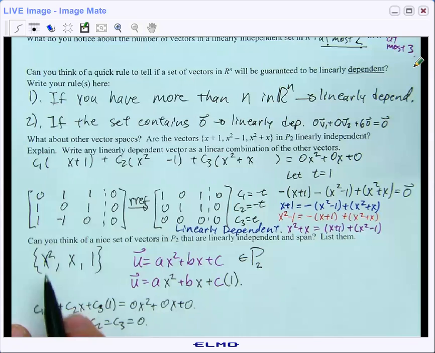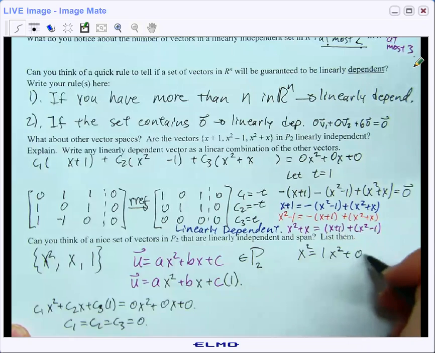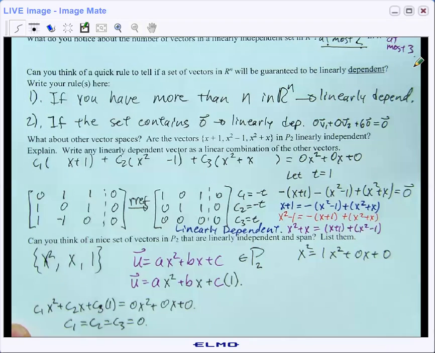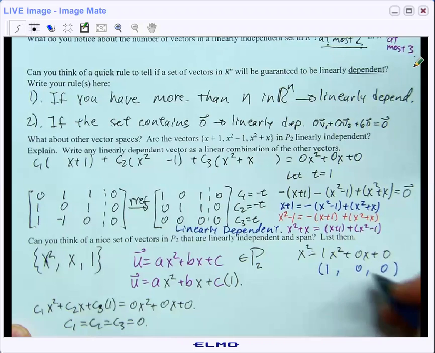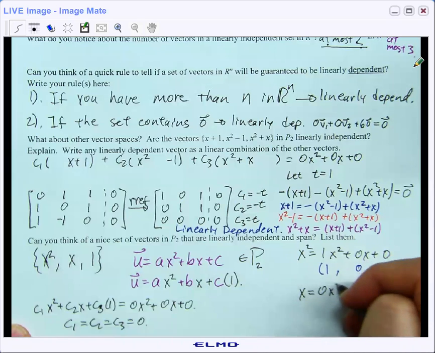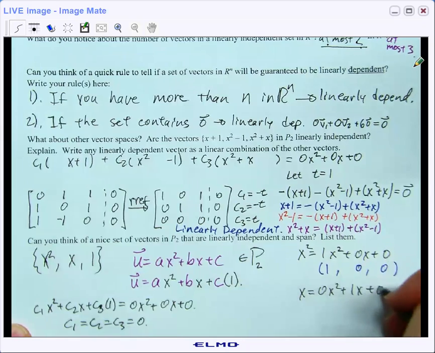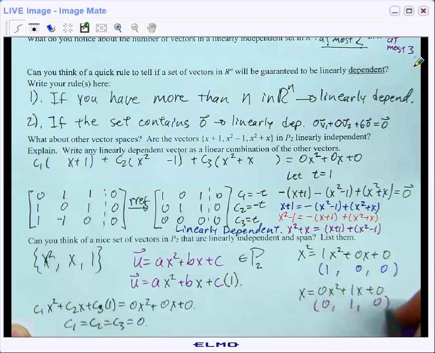Now, these guys are actually pretty spiffy, because if we look at these guys, this x squared could be thought of as 1x squared plus 0x plus 0, which, if we keep things in the right order, could be thought of as the vector 1, 0, 0. Similarly, the vector x in P2 is 0x squared plus 1x plus 0, which could be thought of as the vector 0, 1, 0.